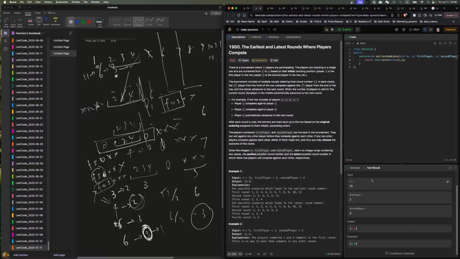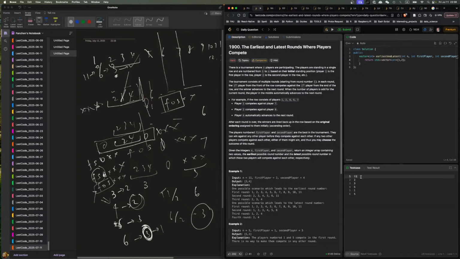But if it's a 2, let's say 12, 6, oh, that's 3. 13 will be 7. 7 will be 5. That's still 3. What? 14, 15, 16.